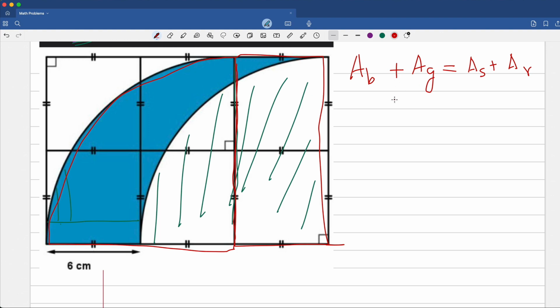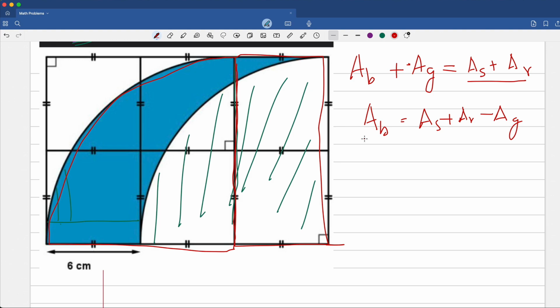So the blue area is nothing but this whole thing minus this. So in other words, the blue area is nothing but area of the semicircle plus area of the rectangle minus area of that green shaded area, which, guess what, is also a quarter circle. So apologies, it's a quarter circle of the same dimensions, the exact same radius.